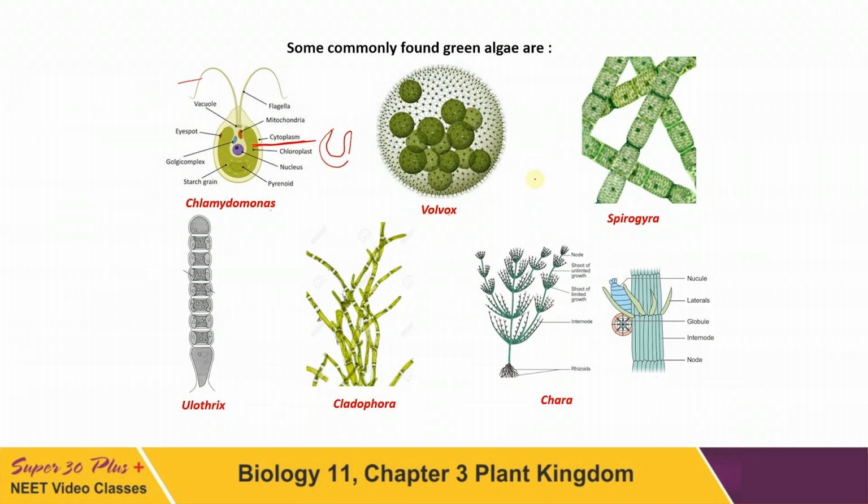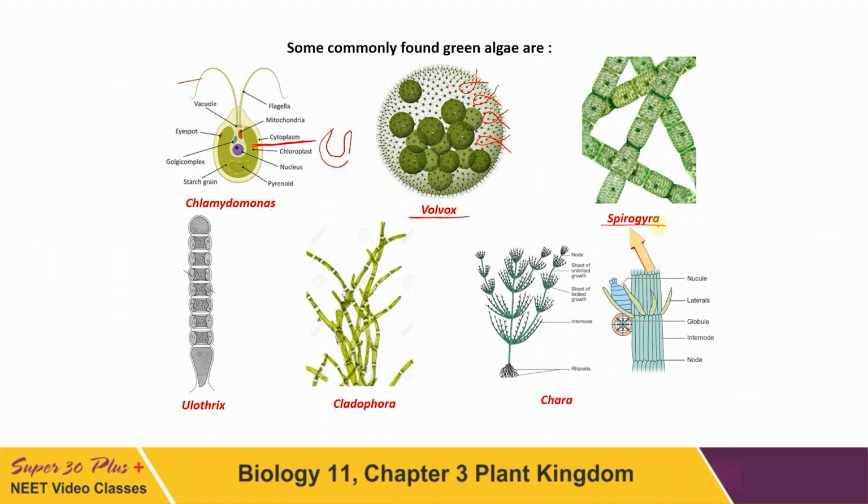It is a colony of so-called Chlamydomonas-like cells. The cells on the periphery are flagellated, and the cells inside are non-flagellated. They make one colony known as Volvox.